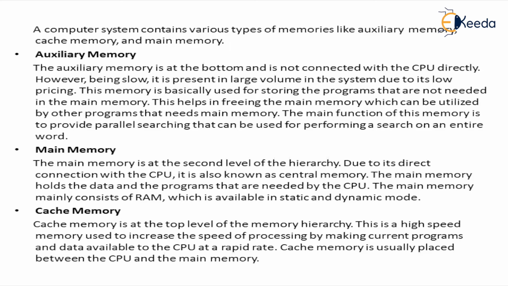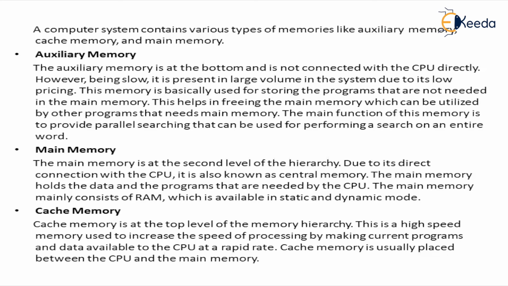The main memory may consist of RAM, which has a static mode and also a dynamic mode. First, let us understand what we mean by static mode. Static modes are those which cannot be changed, but dynamic modes are those in the memory which keep fluctuating, with updates, deletions and erasing going on.